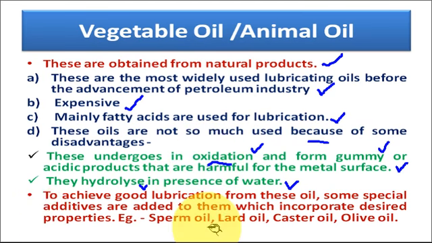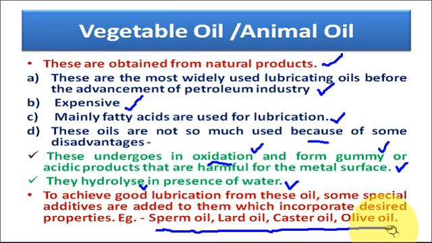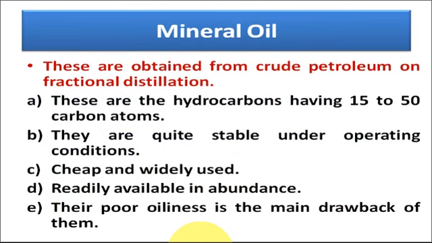To achieve good lubrication from these oils, some special additives are added to them which incorporate desired properties. So those additives are sperm oil, lard oil, castor oil or the olive oil. So basically what we have learned till now, 2 types of lubricating oil.